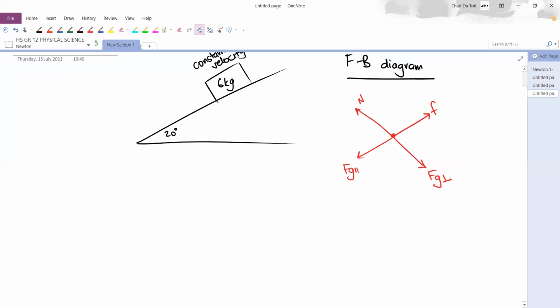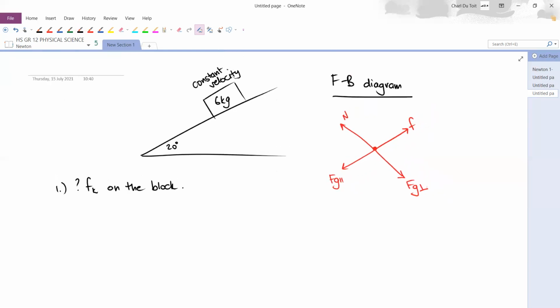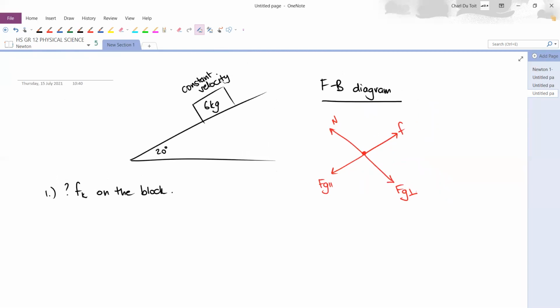Right, so what are they going to ask us to do? First, they might ask us, after the free body diagram, to work out what is the kinetic friction on the block. Right, I want you to try that on your own. And then you're going to tell me after you've done it, what are we going to do?